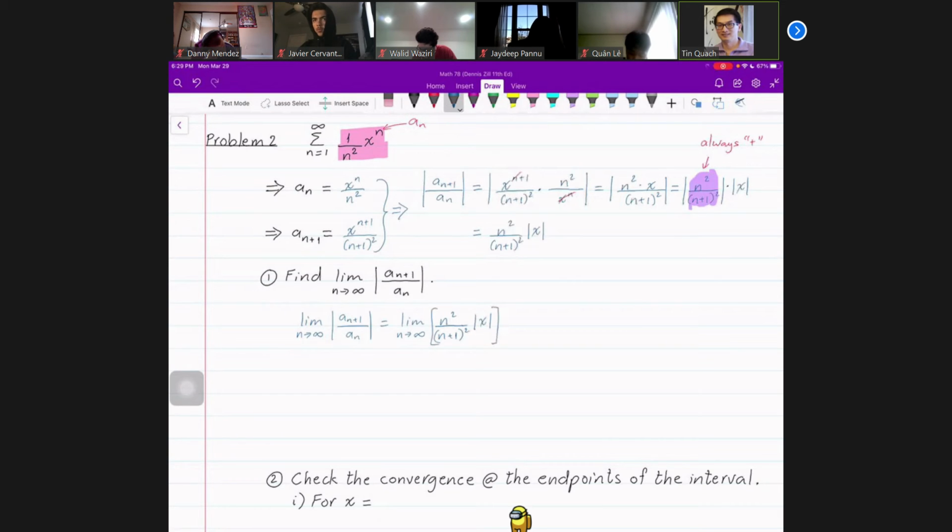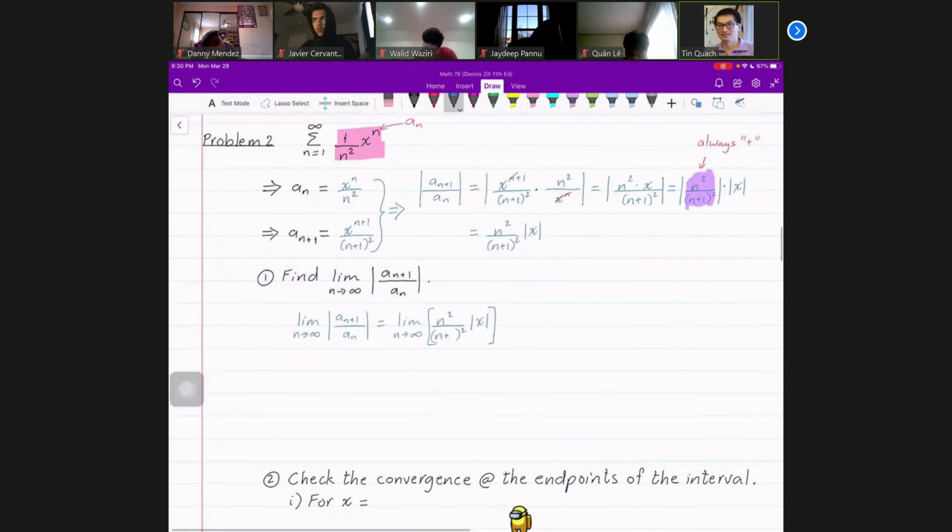Now, you are taking the limit as n approaches infinity. That means if anything depends on n, you better keep it inside so you can take the limit. But the x here has nothing to do with n. So you treat this one like a constant factor. So basically you can just pull it outside. And then you multiply it by the limit as n approaches infinity.